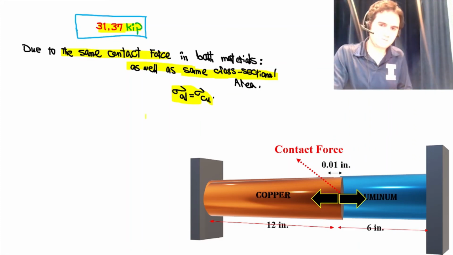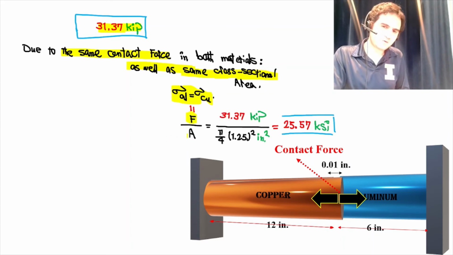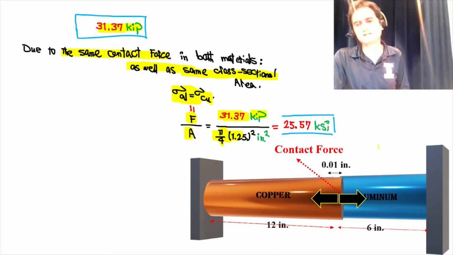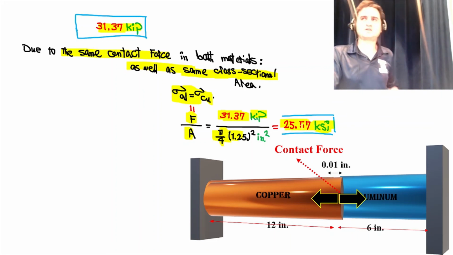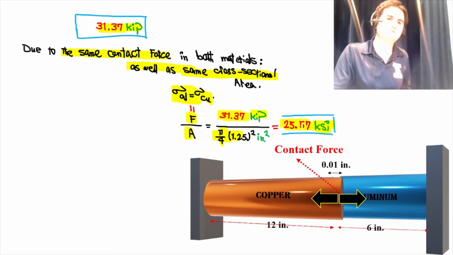So sigma aluminum is equal to sigma copper, and that's nothing but force over area, 31.37 kilopounds over pi over 4 times 1.25 squared inches. It gives you 25.57 ksi, which stands for kilopounds per square inch.